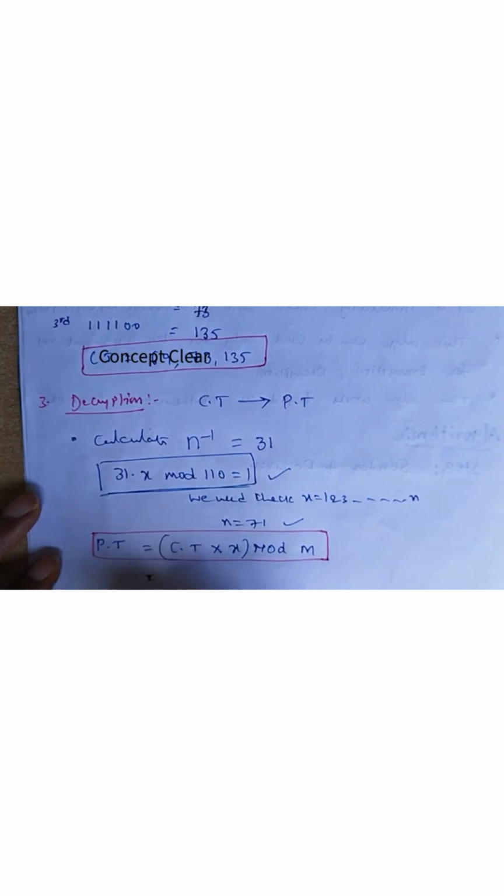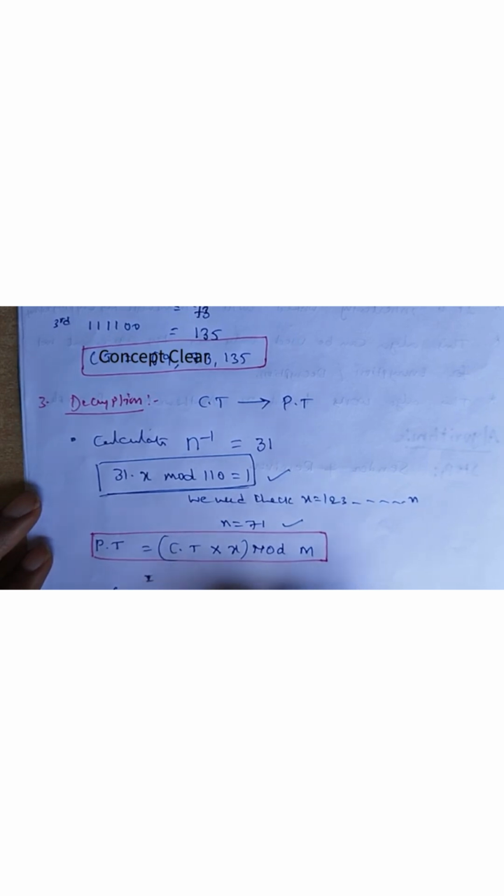So the first one is 69 into the x value 71. 69 into 71 mod 110, that equals what? That equals 59.